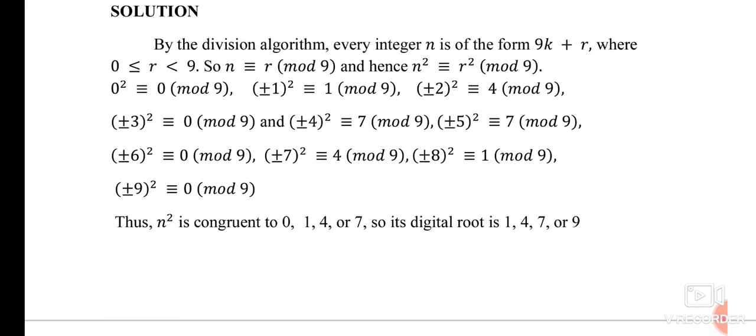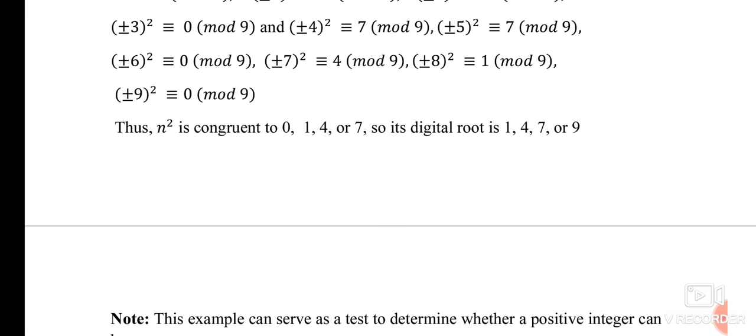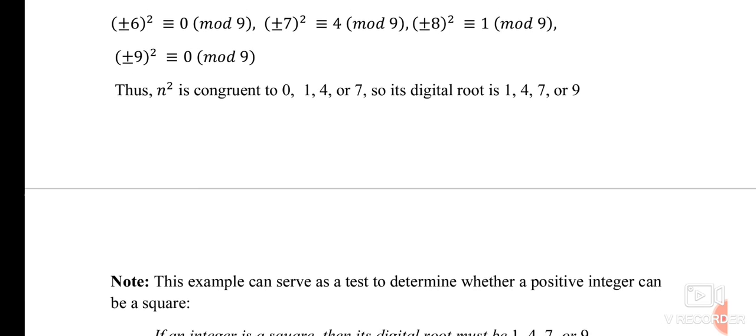Plus or minus 5 squared is 25, congruent to 7 modulo 9. Plus or minus 6 squared is 36, congruent to 0 modulo 9. Plus or minus 7 squared is 49, congruent to 4 modulo 9. Plus or minus 8 squared is 64, congruent to 1 modulo 9. Plus or minus 9 squared is 81, congruent to 0 modulo 9.